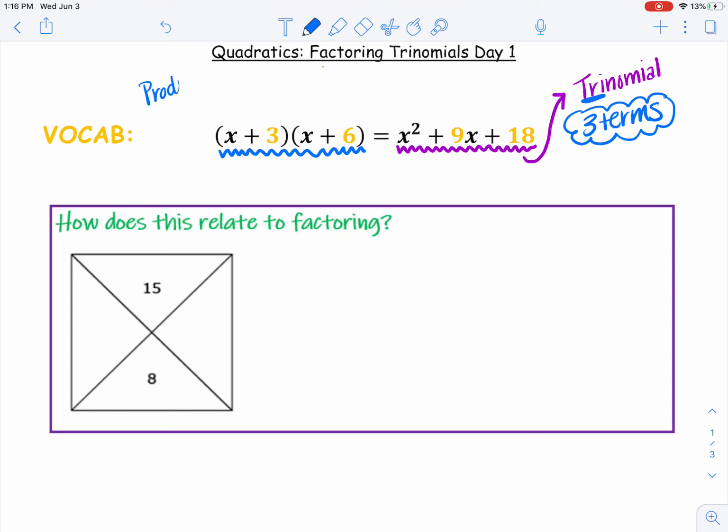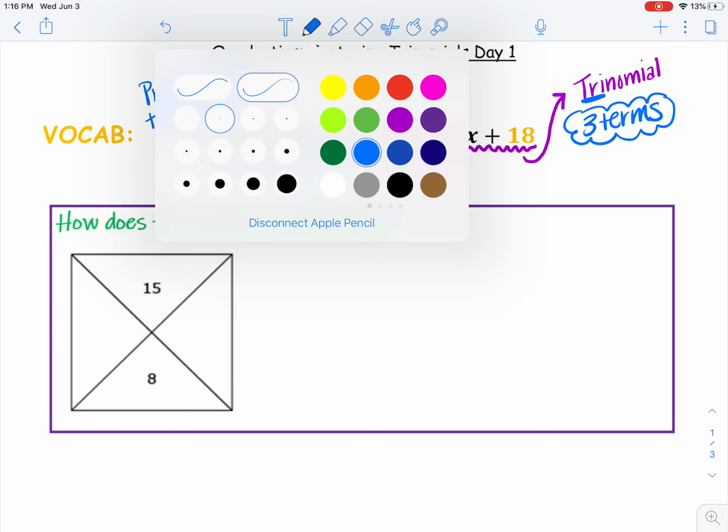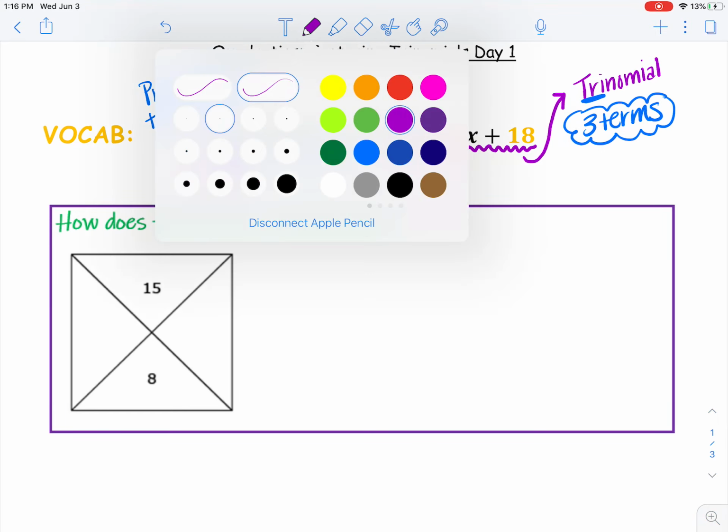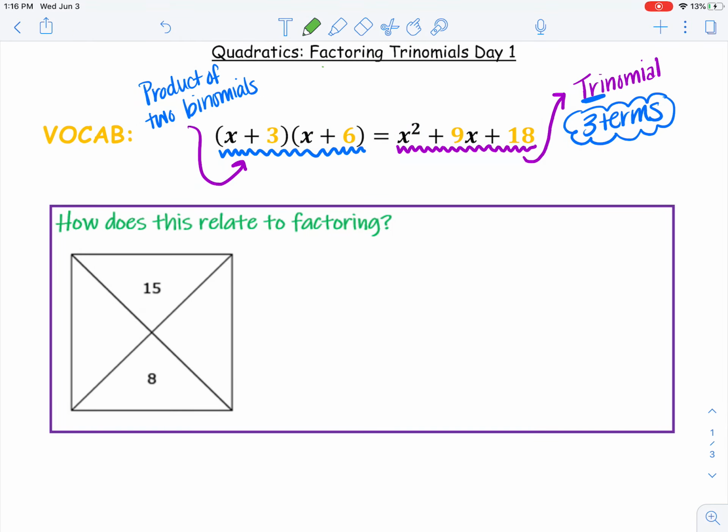Okay, so product of two binomials. Okay, and that's exactly what I just underlined here in blue. And we know that product means multiplication. And we know that binomials from last week have two terms.